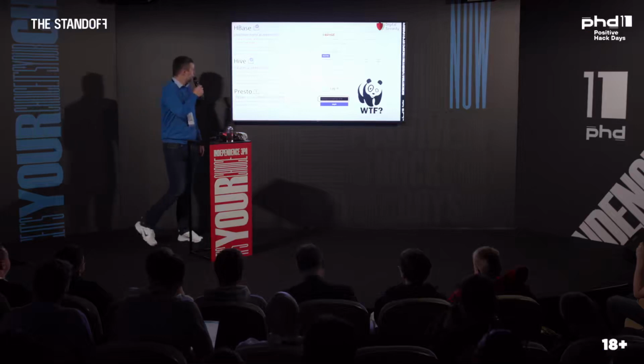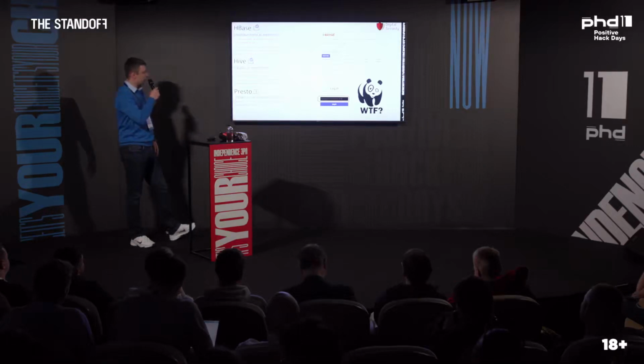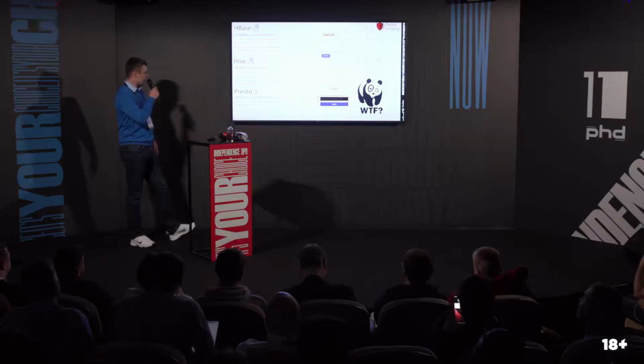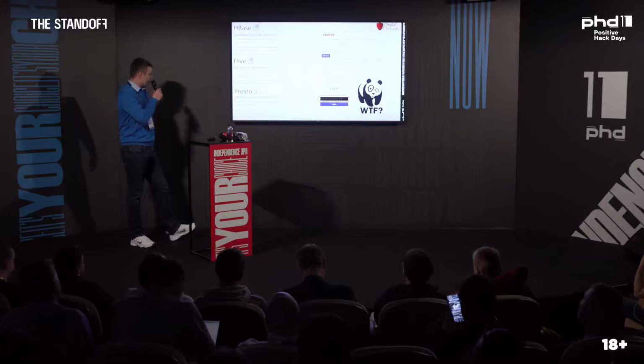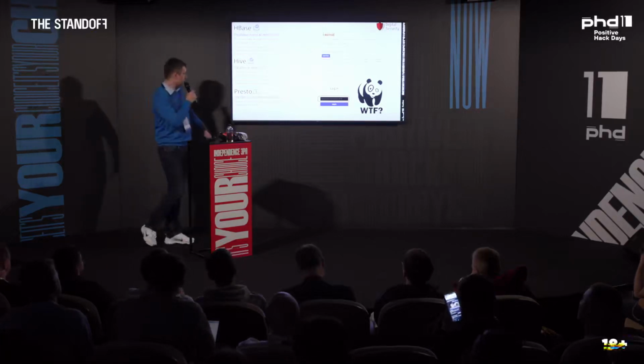Followed by Hive, which listens on 10002. That's the port. It reads the configuration of the service, logs, metrics, and that's where you can get a lot of interesting information. Presto, that's a funny thing.